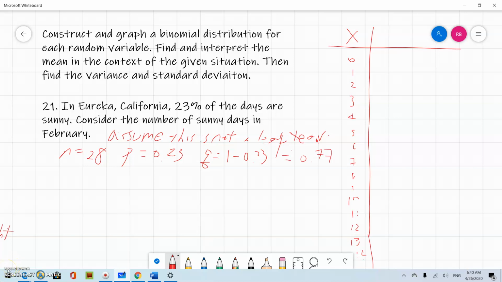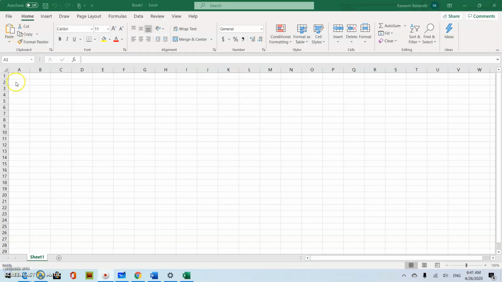Let me pull out Excel here. So I just have Excel. p is 0.23 and then q is 0.77, right? And then we have number of days, 0, because you could have 0 sunny days, all the way to 28.